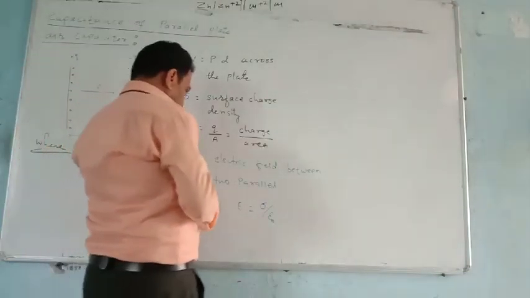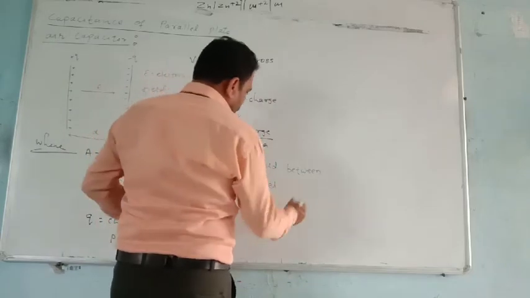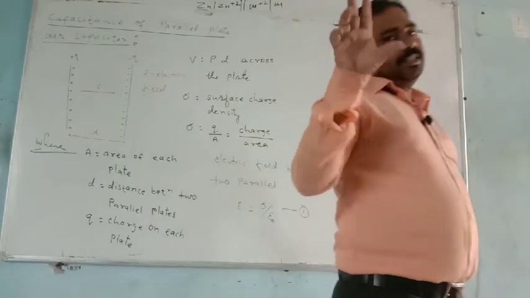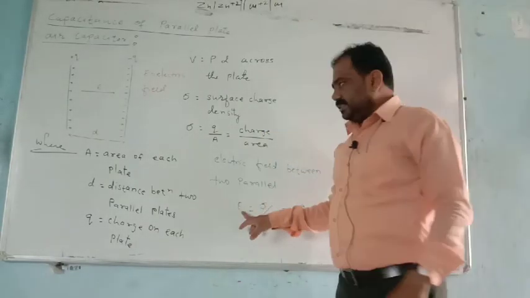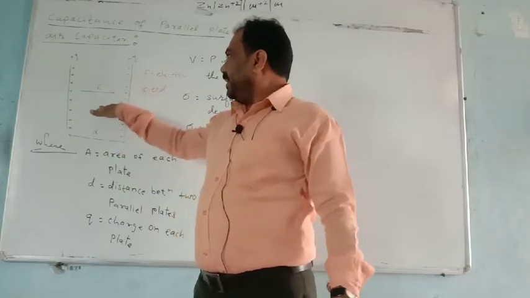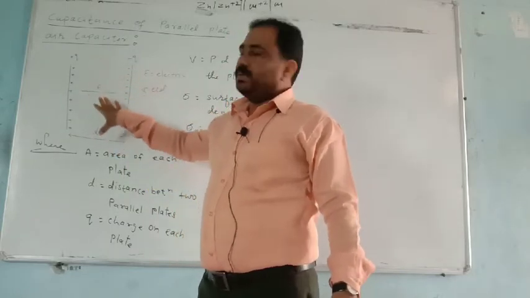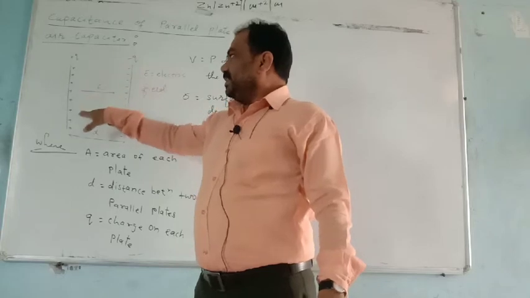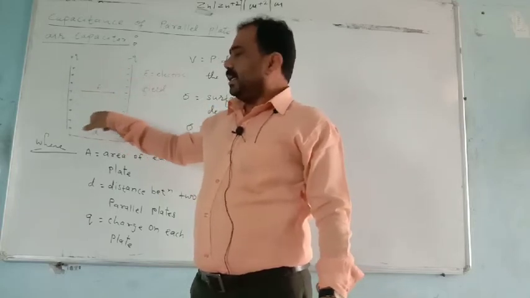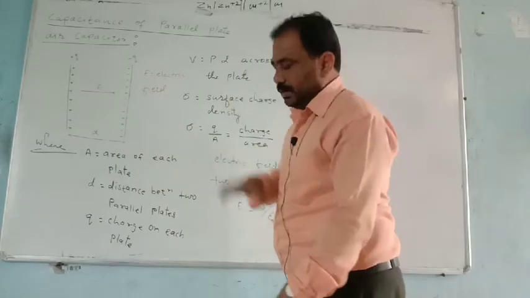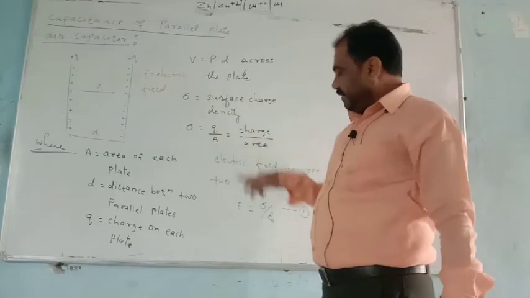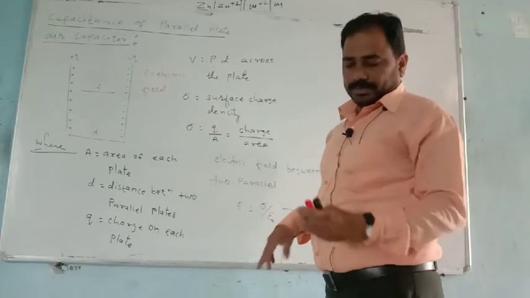So this is our first equation, which is very important, because this shows that the magnitude of electric field is uniform. Uniform means the electric field is the same in between these two parallel plates at each and every point. So this is the meaning of uniform magnitude: E is equal to sigma upon epsilon naught.